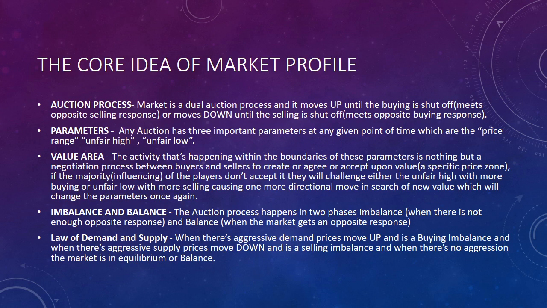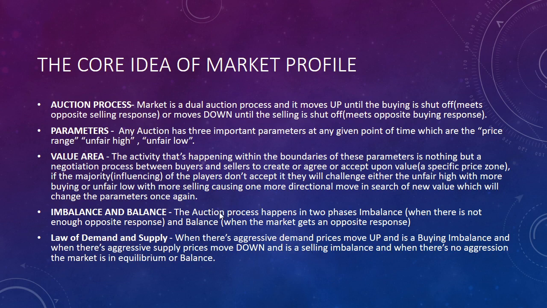First it starts a trend with imbalance. As long as the buying is dominating, the imbalances are going to continue, and when the buying dries up, a balance comes in. After the balance is done, the market again starts moving into an imbalance, either in the same direction as the previous imbalance or in the opposite direction, based on the demand and supply forces.